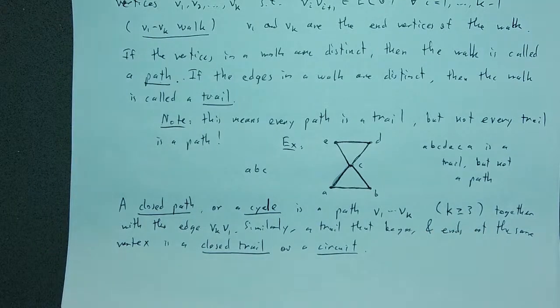We'll use all of those terms. Sometimes I'll call it a closed path, sometimes a cycle, sometimes a closed trail, sometimes a circuit. So that's why everything is included here. That won't be too confusing.